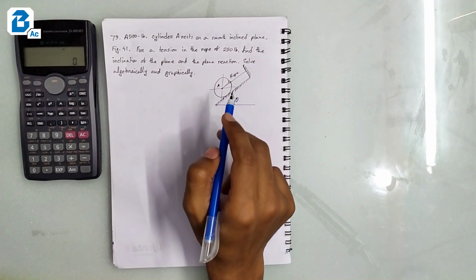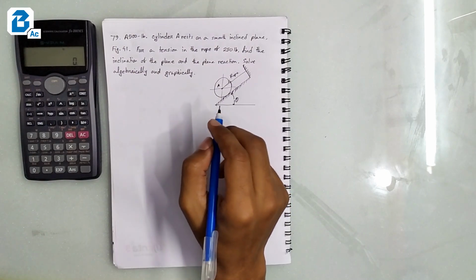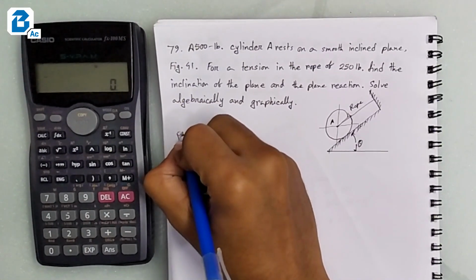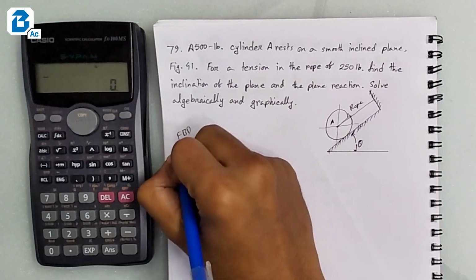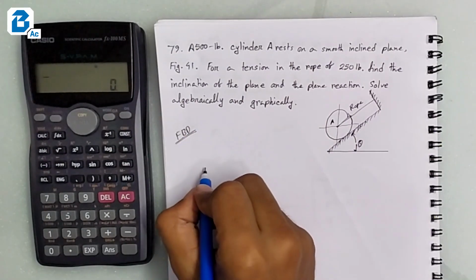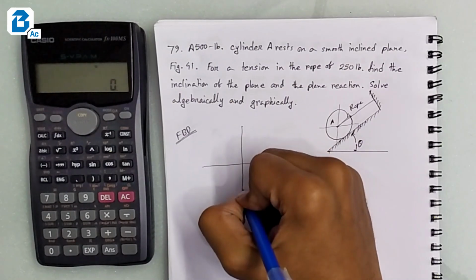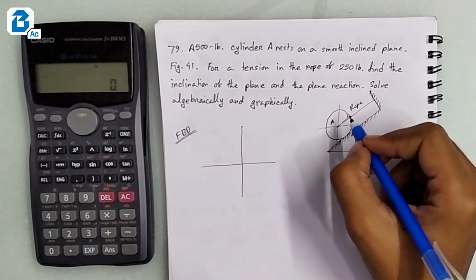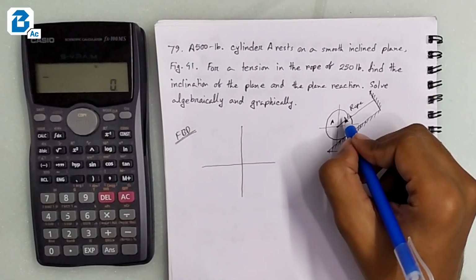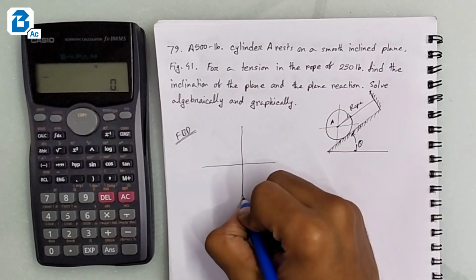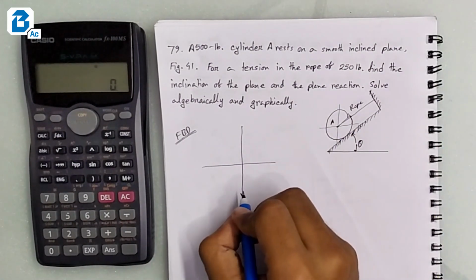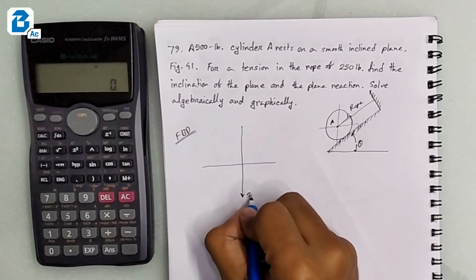So let's start by drawing the free body diagram. First, let's draw the horizontal axis and then a vertical axis. For the cylinder, the weight will pull it downward, so let's indicate it and write the value of it.